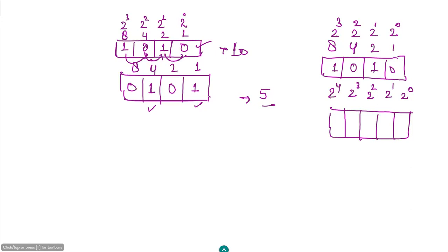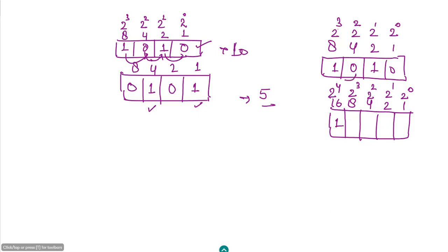If I shift this bit to the right by 1, this bit will be at index position 2 to the power 4. Now calculate the values 1, 2, 4, 8, 16.